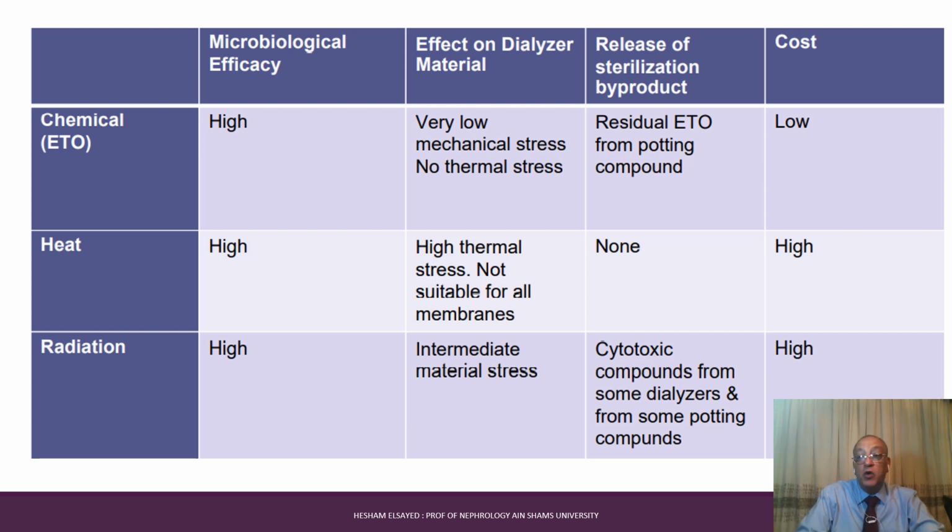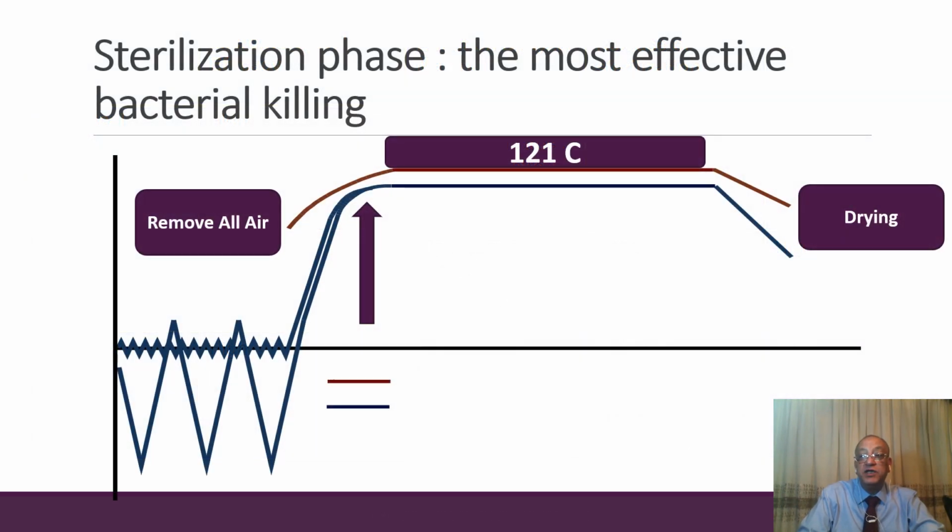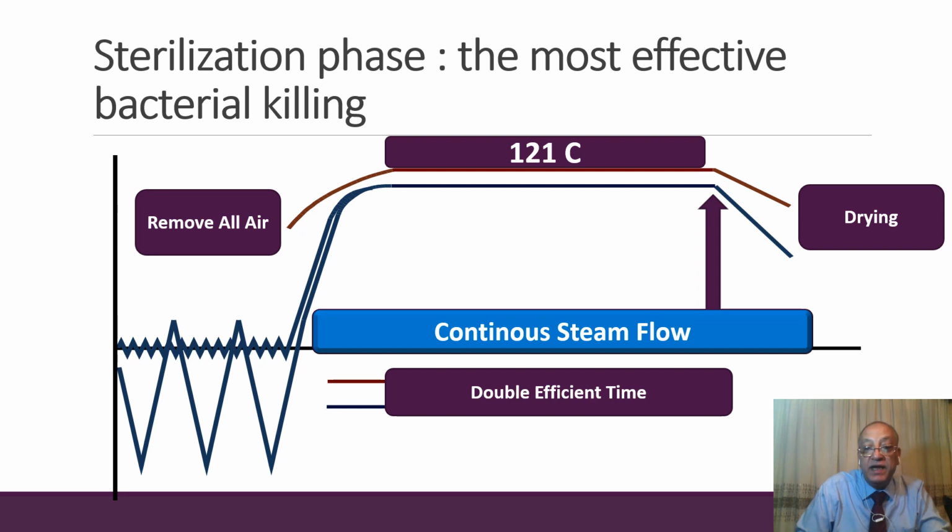While heat is the most applicable way for common dialyzers in the market, radiation still has some important drawbacks of cytotoxic compounds released from the dialyzer and from the protein compound. So we always prefer heat sterilization. And if you are using heat sterilization, autoclaving is the best to disinfect and sterilize all components of the dialyzer at 121 degrees for at least 20 minutes.